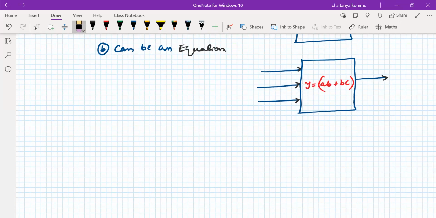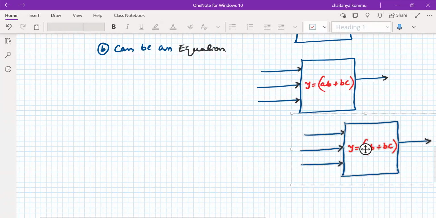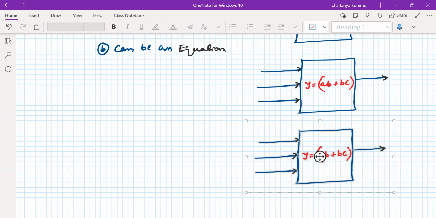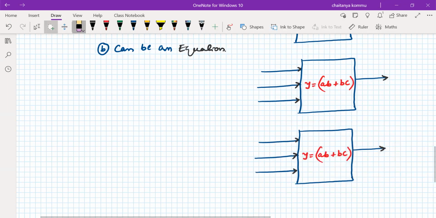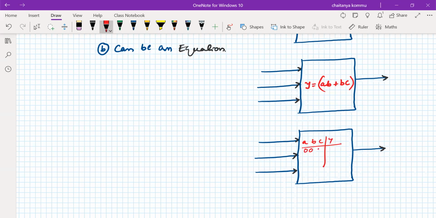Or it can be some other way we can look at this. I don't want to give this information, I will just give you, for example, a truth table. A, B, C I'm giving, and Y also. Such information I'll give up to 1, 1, 1, with some kind of output.